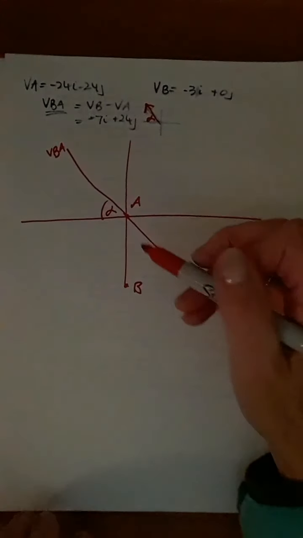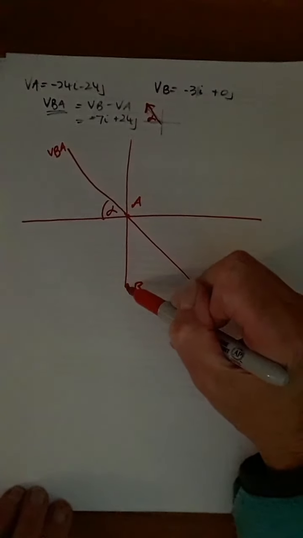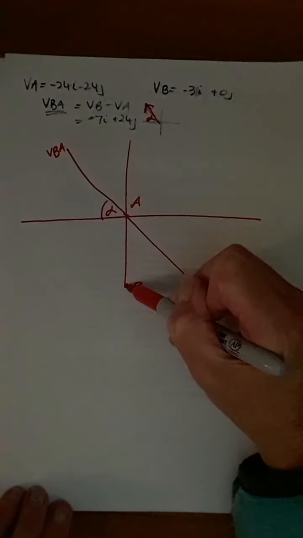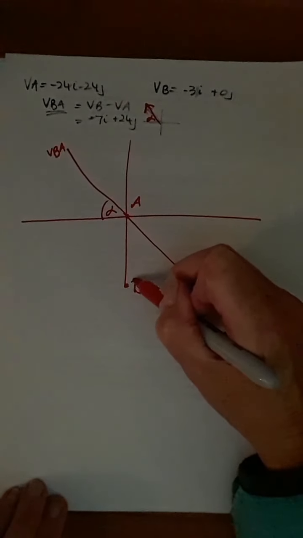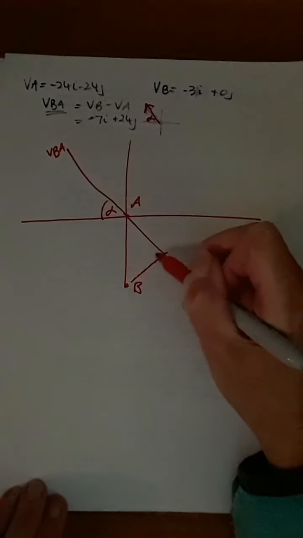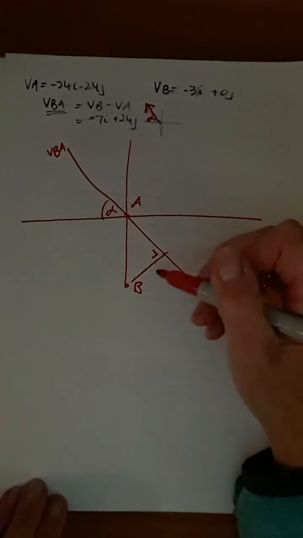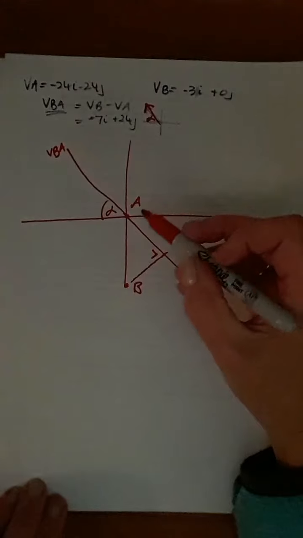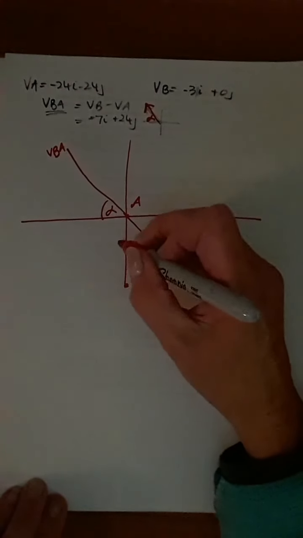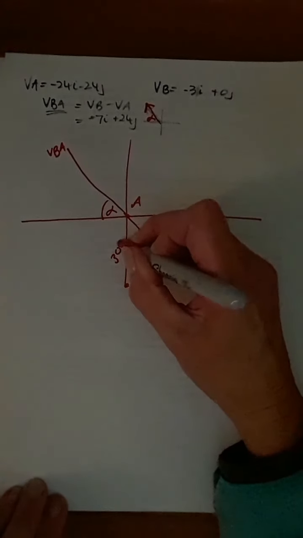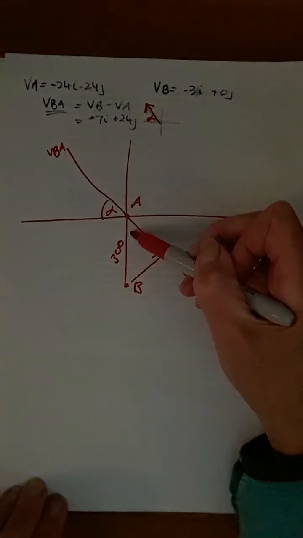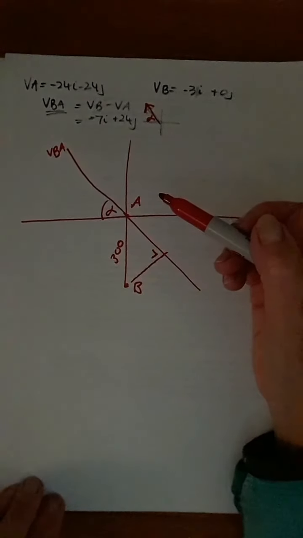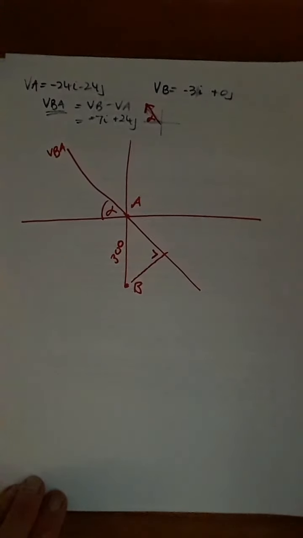I'm going to drop a perpendicular from B's position, which is 300 kilometres south of A. So I'm going to drop a perpendicular down here. I know this distance from there to there is 300, it tells me that in the question, and I'm going to be able to find this angle inside the triangle there.